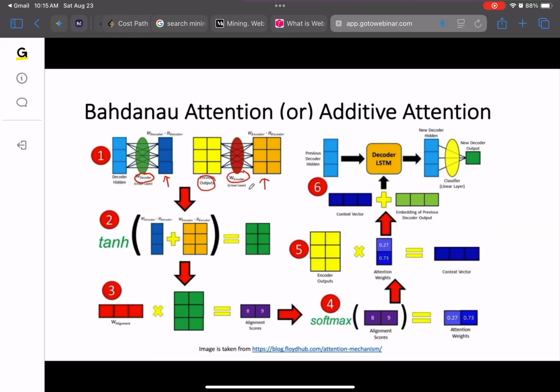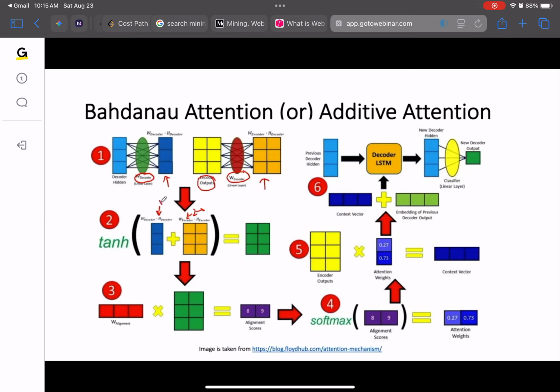Once we transform the spaces, we add them up. We add the decoder hidden state to each of the encoder hidden states. Let's say we have two encoder hidden states, and here we have only one decoder hidden state, so we do it one at a time.